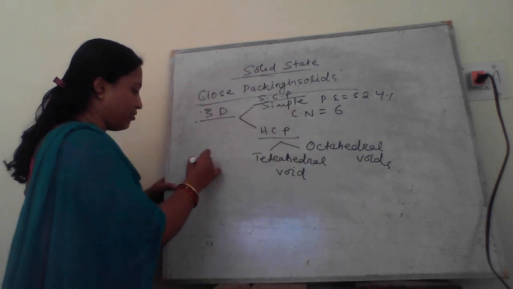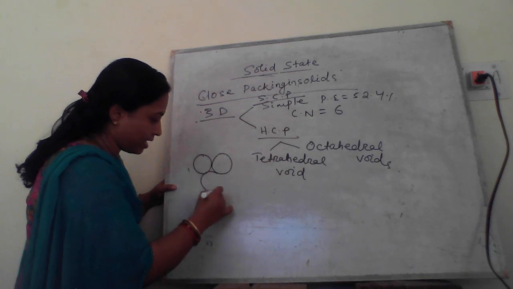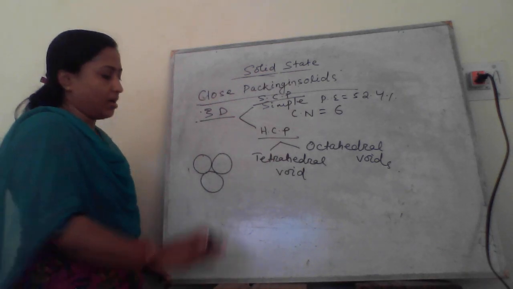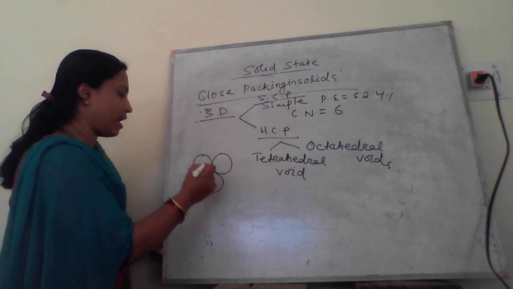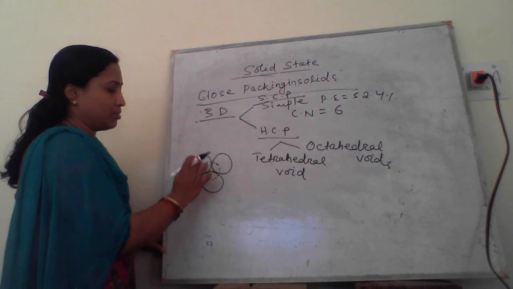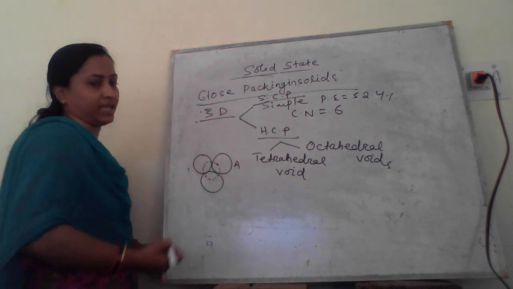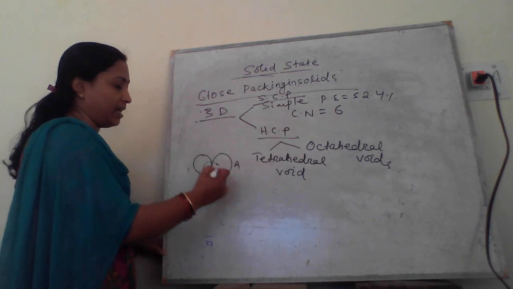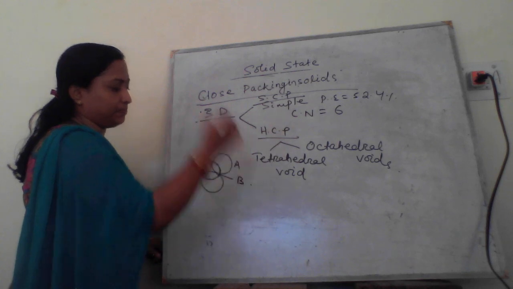So tetrahedral void, this is your two-dimensional hexagonal close packing, just like this. And when we put another atom just above these three atoms. So 1, 2, 3, that is your first layer arrangement, A type, and then the second layer arrangement is B type.